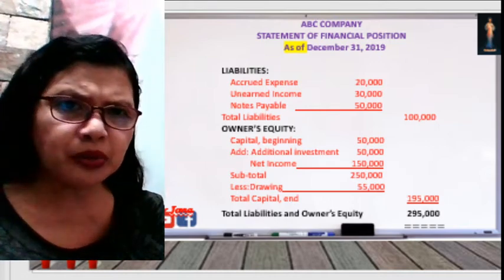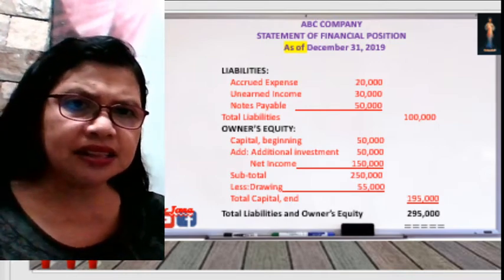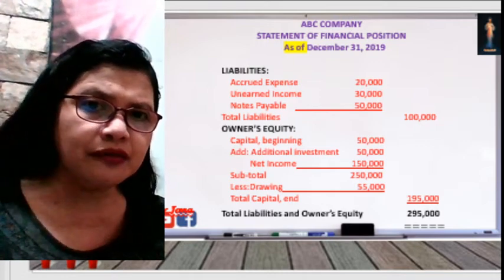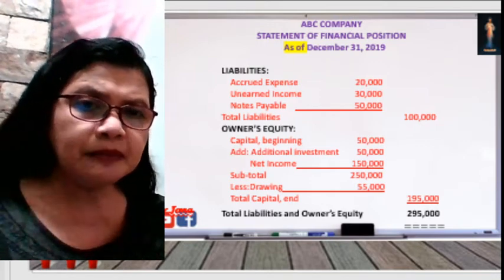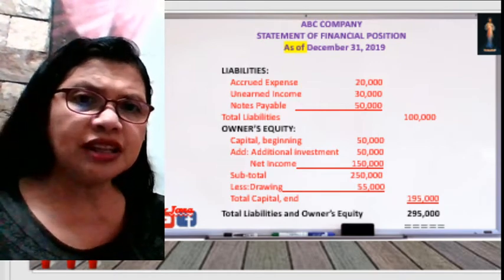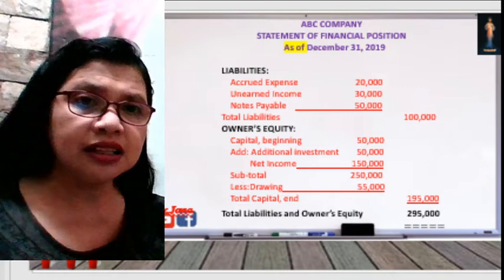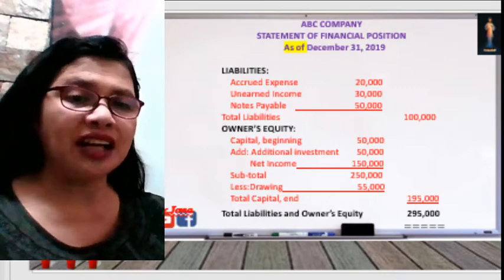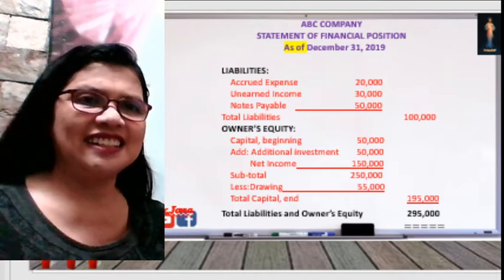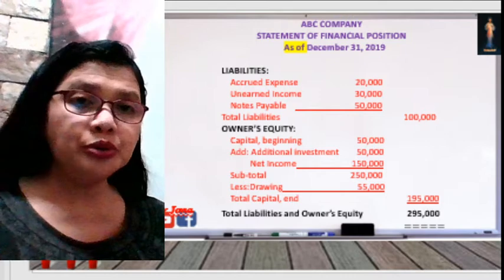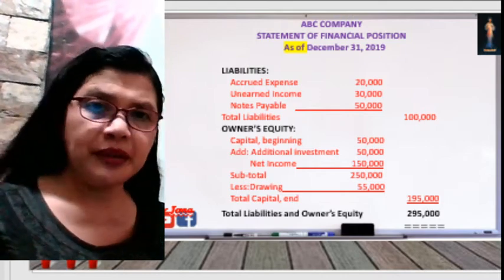So you solve backward again. Total capital at the end of 195 plus drawing of 55 will give you 250, less 150 net income will give us an additional investment of 50,000, and the remaining 50,000 is your capital beginning. So that is how you solve the unknowns in the given information.